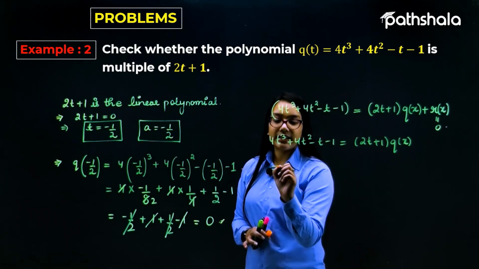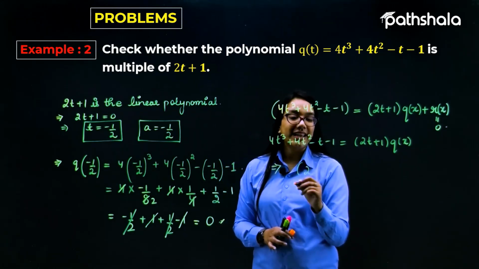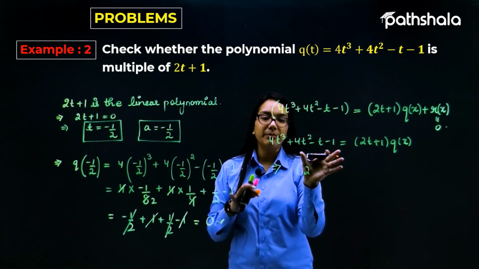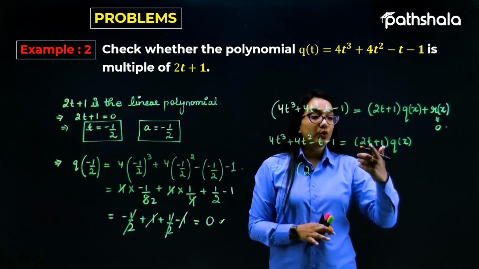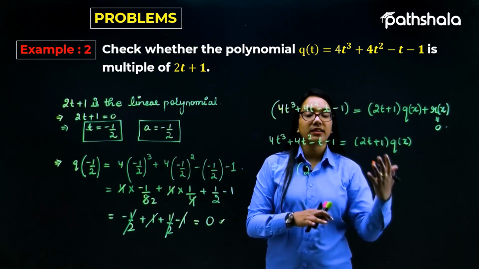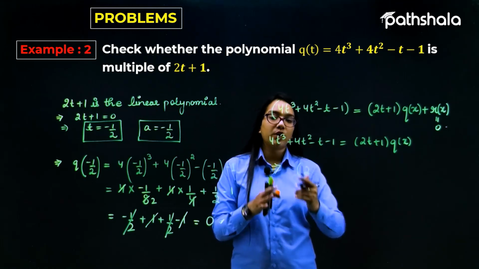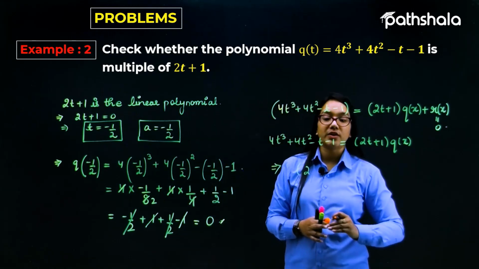So hence we can say that this is a multiple of 2t plus 1, or we can say 2t plus 1 and q(x) are factors of this particular polynomial, 4t cube plus 4t square minus t minus 1.